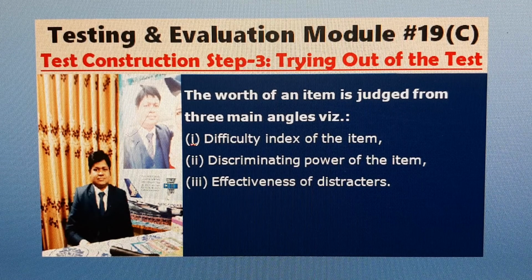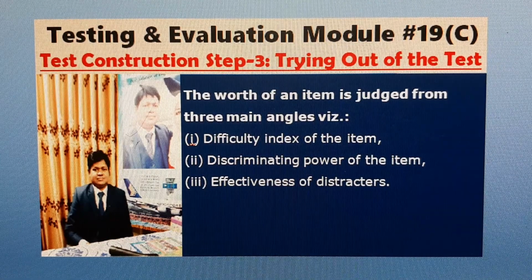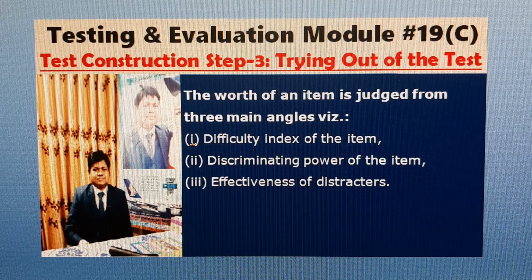The worth of an item is judged from 3 main angles. Number 1, difficulty index of the item. Number 2, discriminating power of the item. And number 3, effectiveness of distractors. Let's discuss these angles in details. Number 1, difficulty index of the item difficulty.